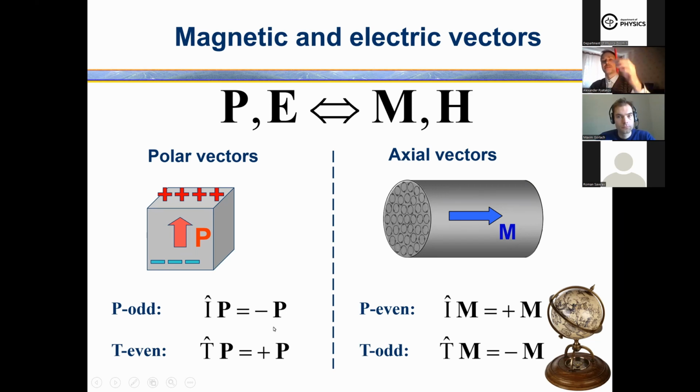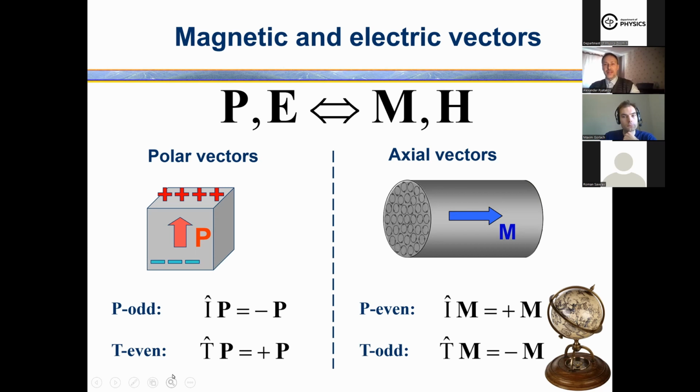When we apply inversion symmetry to a polar vector, it switches to the opposite direction. So the sign switches, and of course it is invariant with respect to the time inversion symmetry. So you can see plus here. In other words, it's T even and P odd.